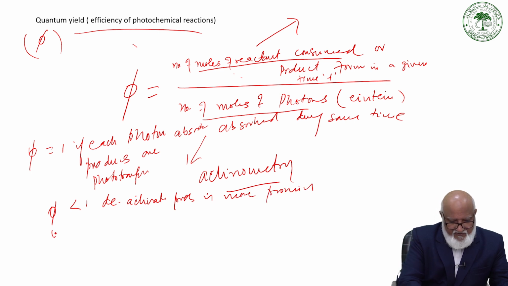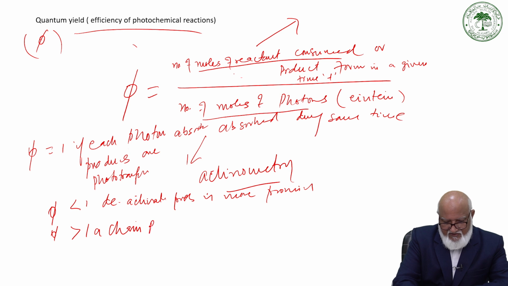And if the quantum yield is more than 1, then a chain reaction is taking place.